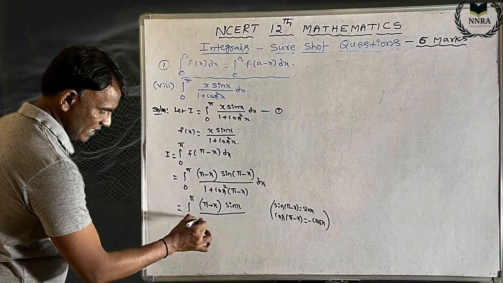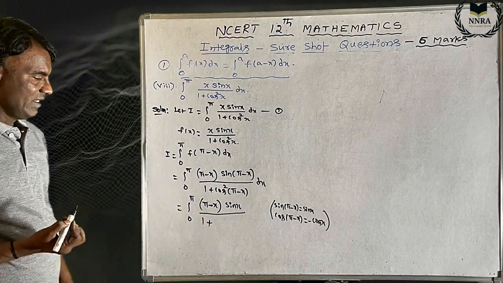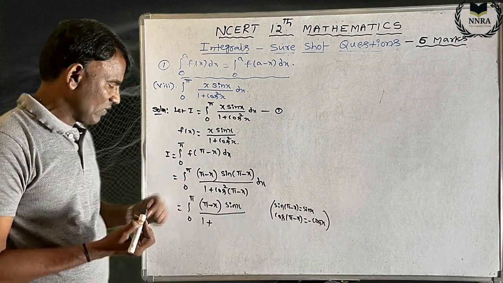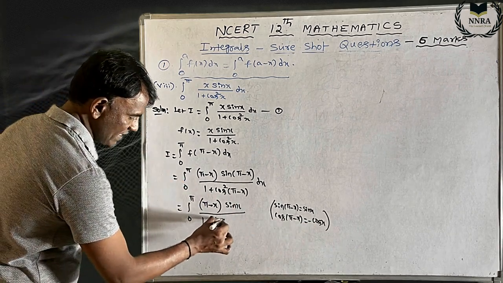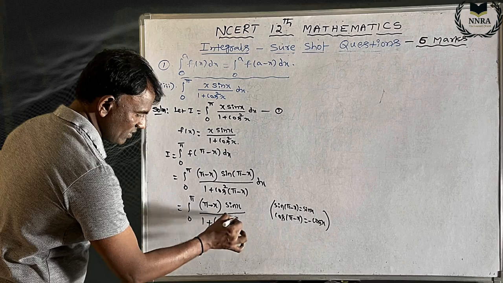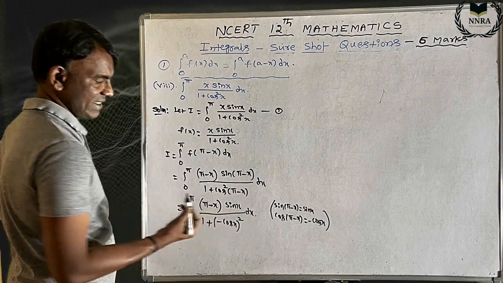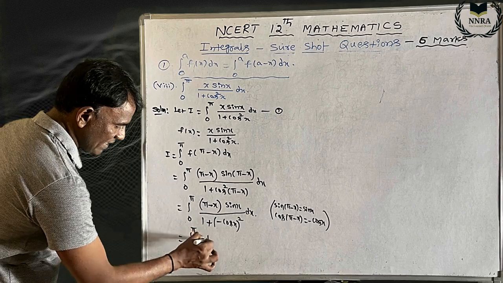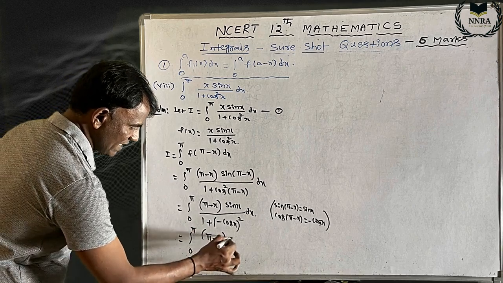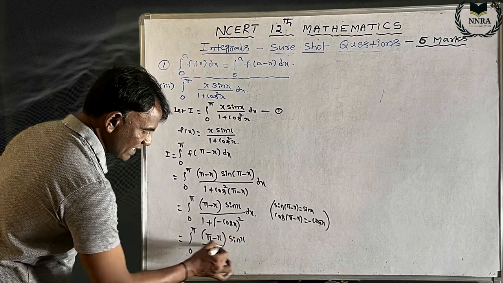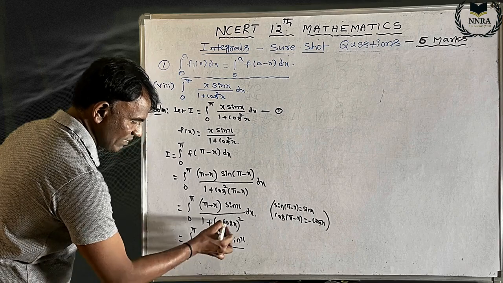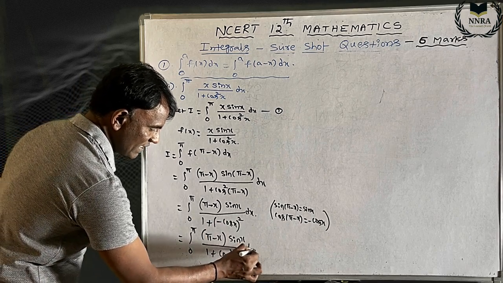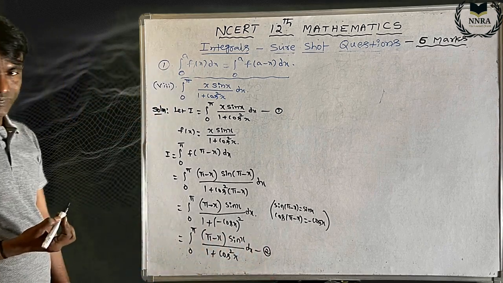Now 1 plus, cos of pi minus x is minus cos x, but a whole square is there, so minus cos x whole square, then dx. Again numerator is same, what is that? Pi minus x sin x. But how to write the denominator? 1 plus minus whole square means plus only. Then cos square x dx, equation number 2.